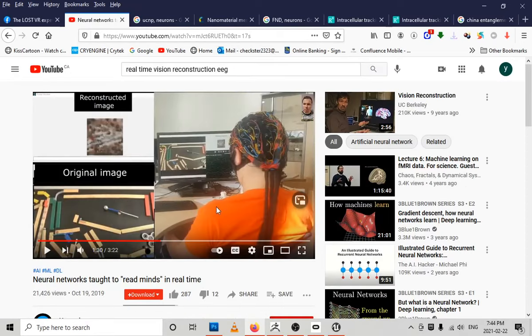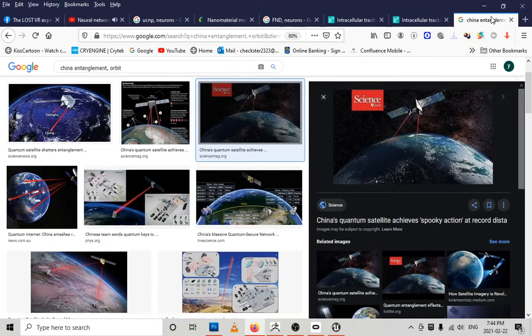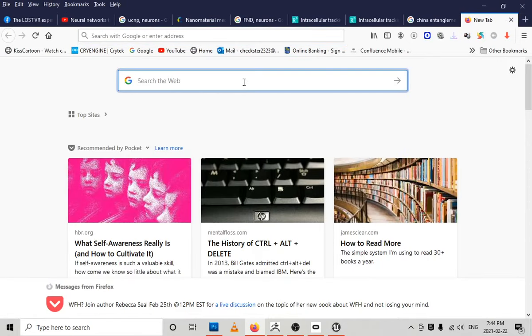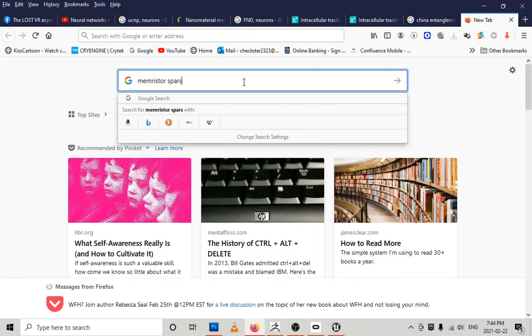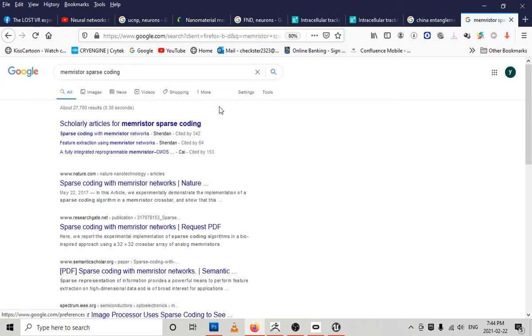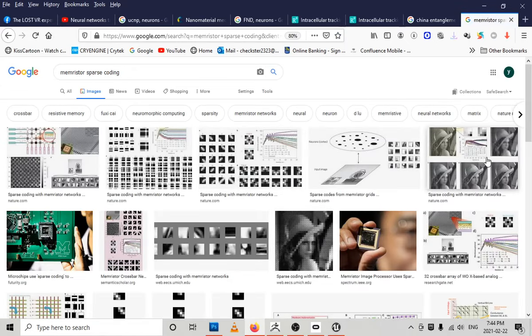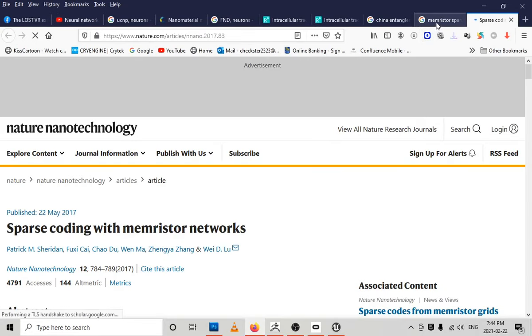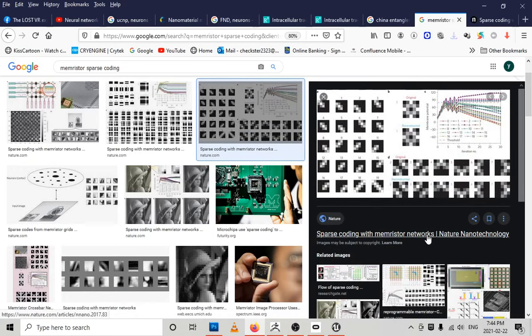And do all this vision reconstruction in a memristor network. Because if you look at memristor sparse coding, you will see vision reconstruction being done directly in the memristor network itself.